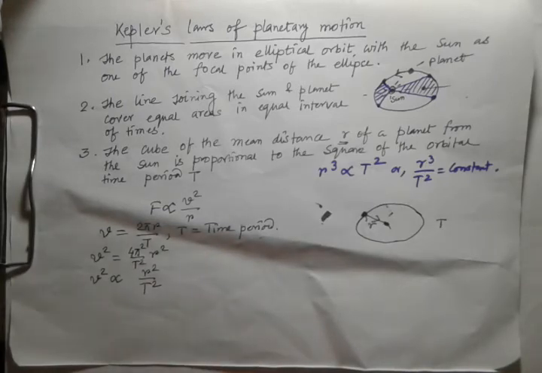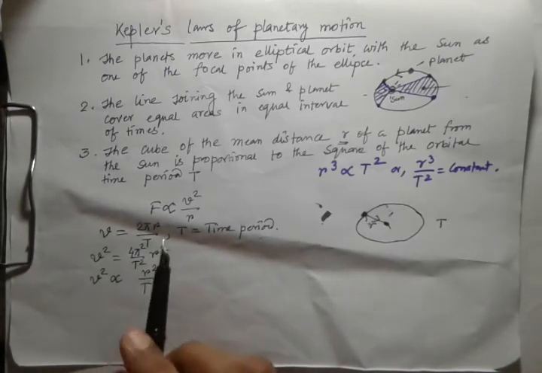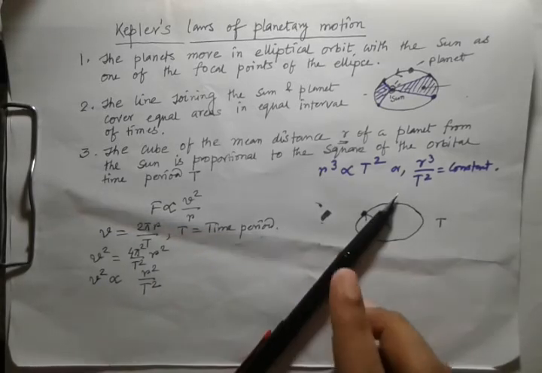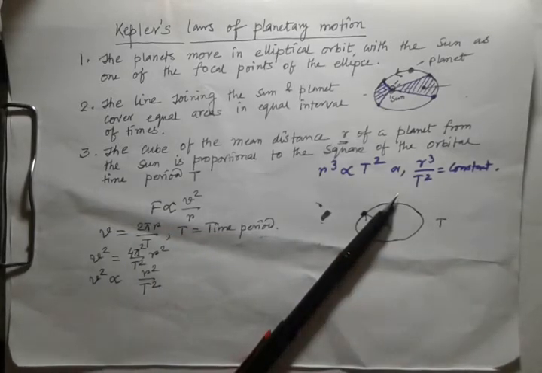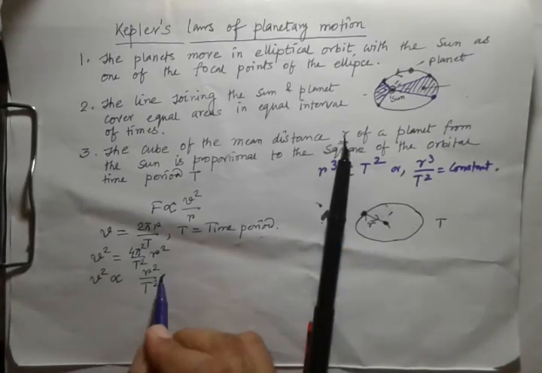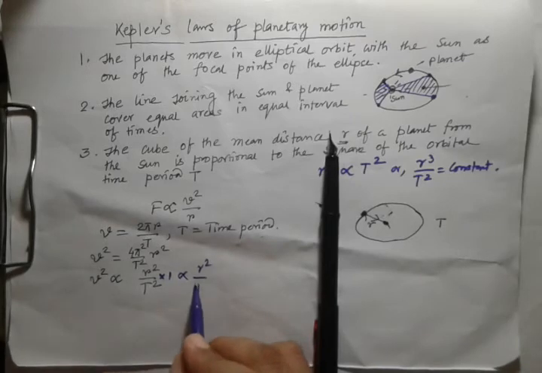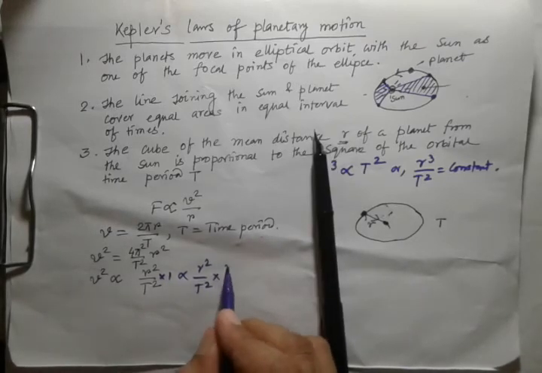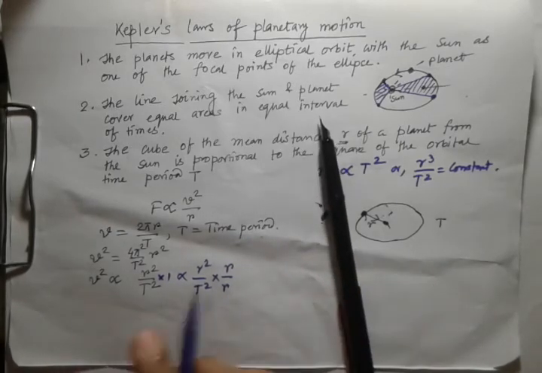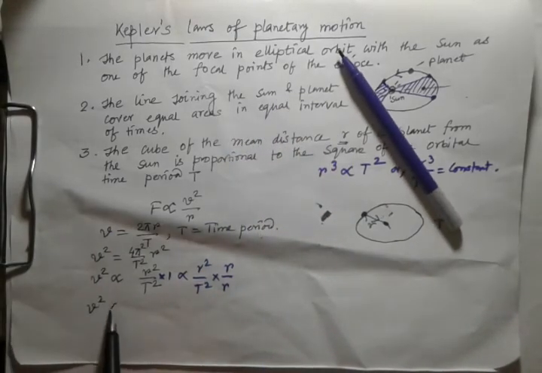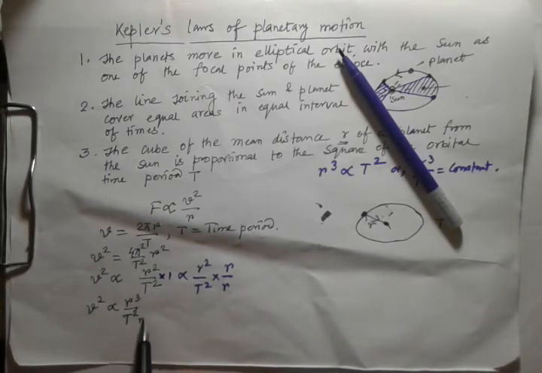Now we'll multiply the numerator and denominator with r. Instead of 1, we write r by r. So v square is directly proportional to r cube by t square into r.